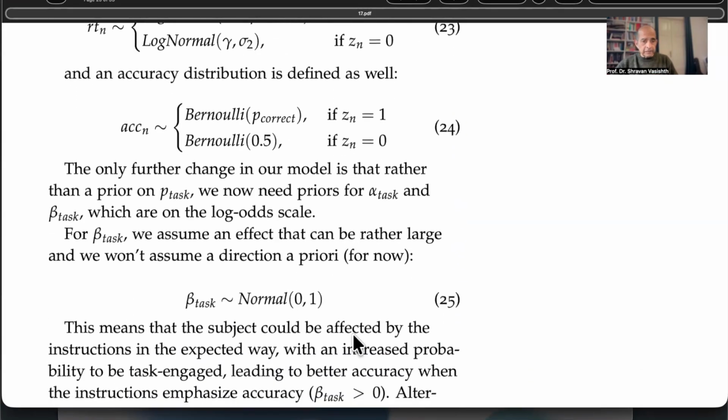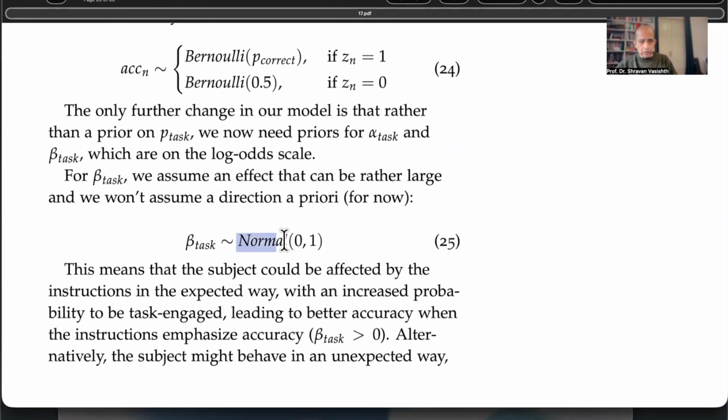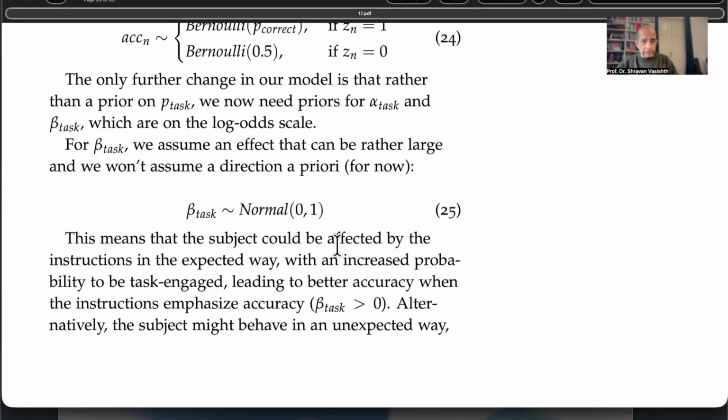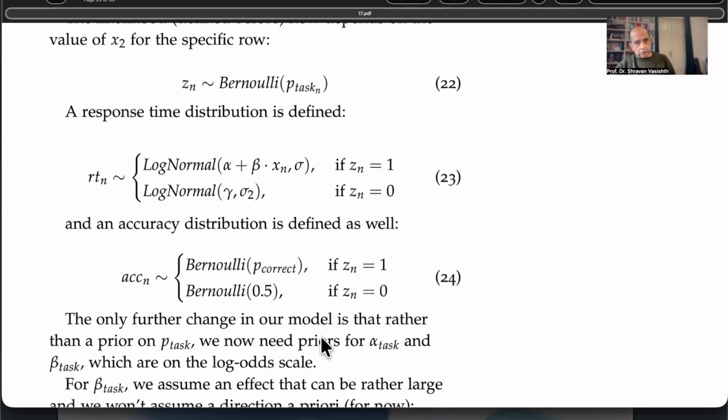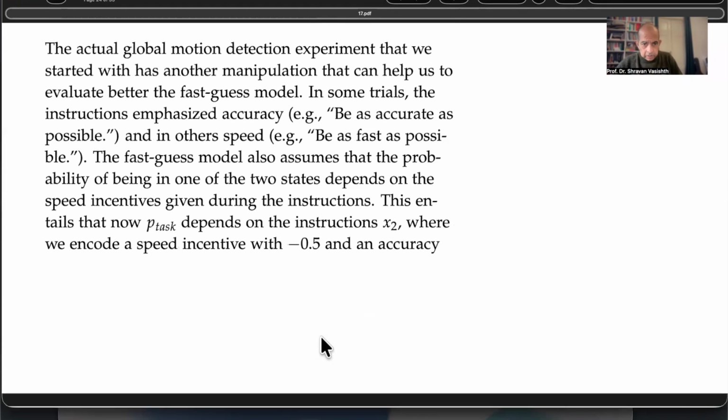Now, the way we've set it up is that we have a fairly broad prior, because this is in log odd space, right? Beta task is in log odd space, so there's a fairly wide prior on this. But one could have set up a directional prior also, because if your theory strongly suggests that, let me just go back and look at this, right?